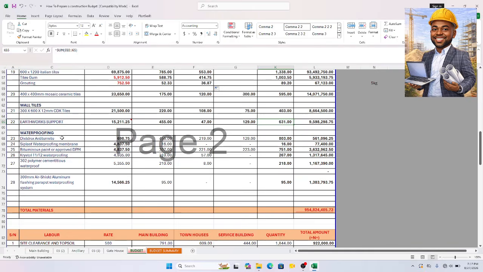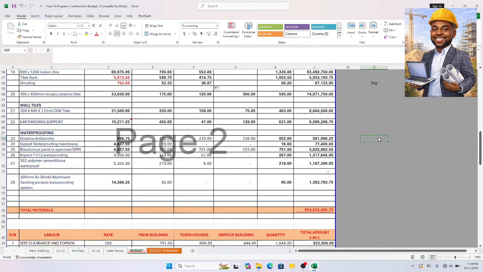And then we have anti-termite. Anti-termite, that is Dieldrex, right? For anti-termite, it covers, is it a drum or a bucket? For anti-termite, a drum or bucket, 26 square meters.